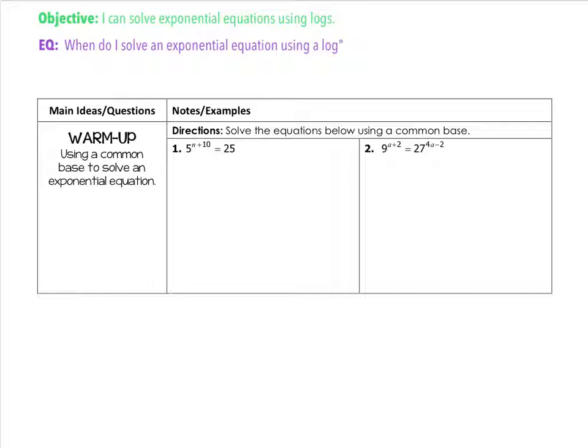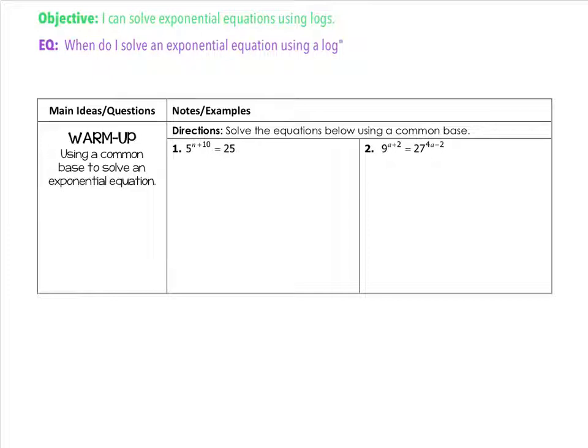So we're going to do a quick review of when we have solved exponential equations. We are going to use the idea, if you remember, of having a common base. When I look at number 1, I have 5 to the n plus 10 equals 25. In order to set the exponents equal to each other, they have to have a common base.